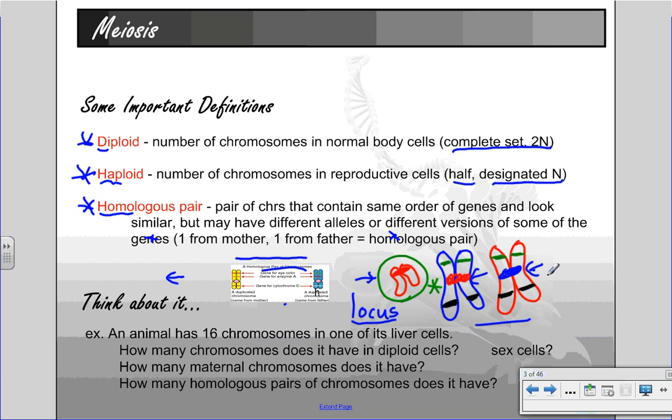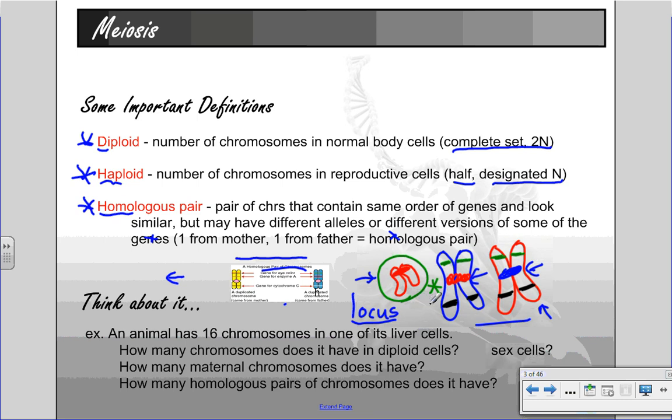They're located in the same region or same locus on the chromosomes. Now, if you remember, the reason they look like X's right now is because they are copies. There's two sister copies that are formed getting ready for division. So when they look like X's, that's just because there's the two copies there.